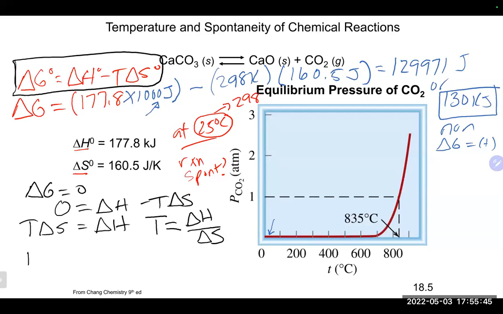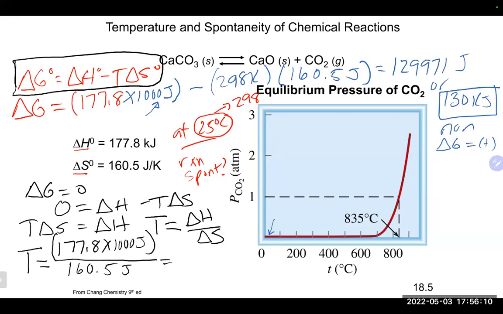So once again here, I'm going to put in our numbers, which we do have. So I'm going to take my 177.8, and once again, I am personally going to multiply it by 1,000. That way I have joules on top and joules on the bottom, so everything cancels out correctly. You do not want to leave them in the different units.